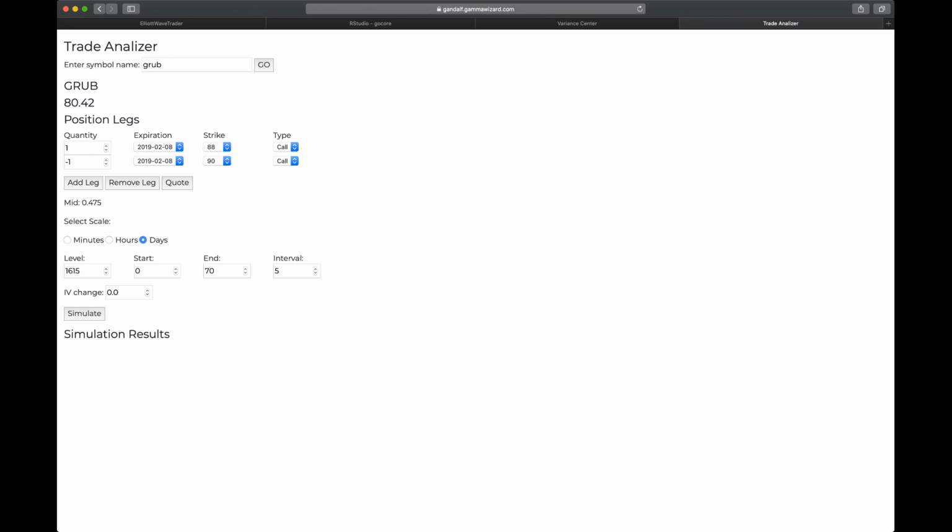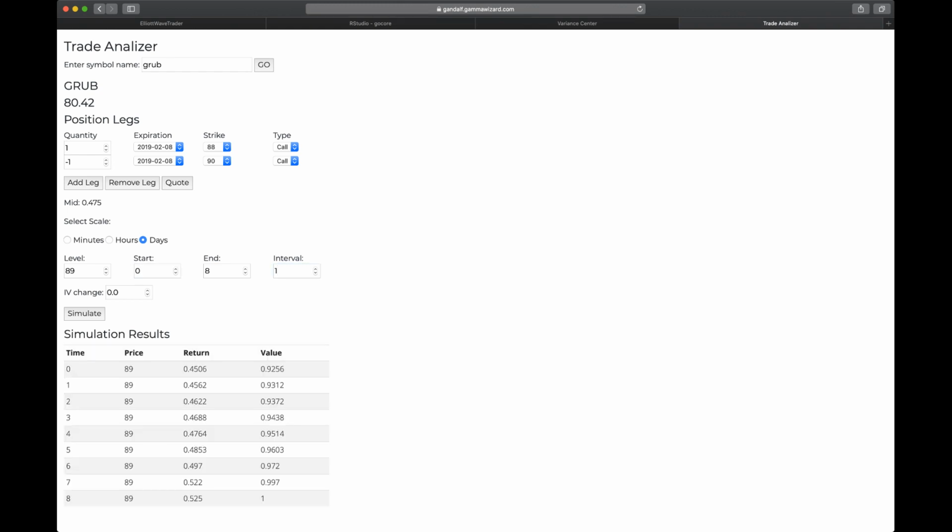Let's simulate this thing. Let's simulate in days, and let's simulate if it touches like 89, and let's simulate the next 8 days, every day. Now from 0 to 8 every day, and then we can simulate, and you can see this is the expected return. Of course the earnings release will be on day 7 and 8, and those results are not very realistic because the implied volatility is going to collapse.